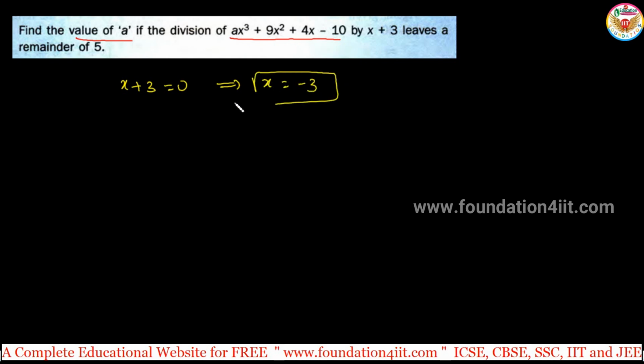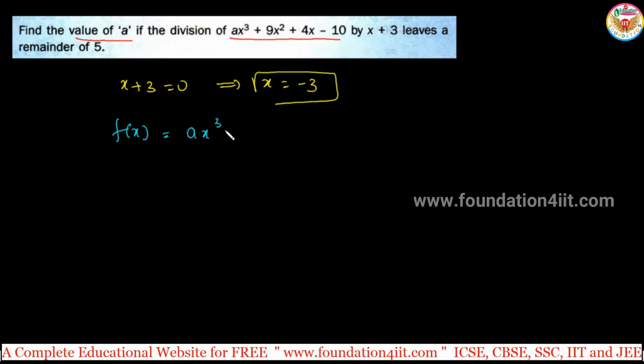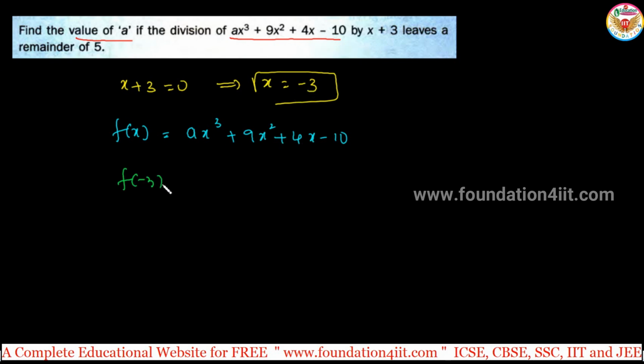You should find the x value as step 1. Now the remainder is 5. In this problem the remainder is 5. So let us take f of x. The question is ax cube plus 9x square plus 4x minus 10. So according to this, when x is equal to minus 3, f of minus 3 is equal to the remainder, that is 5.